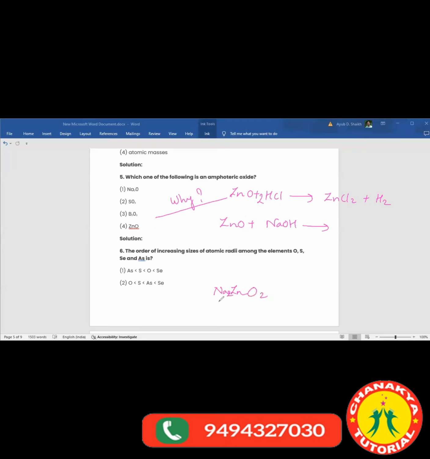It should be balanced with oxygen as well, because zinc is plus 2 and this oxide is minus 2, becoming minus 4. So plus 2 plus 2 plus 4 and minus 4 nullify each other. So the formula would be Na2ZnO2, plus water. Check this. Need to multiply it by 2. Clear? Check this balanced equation once later.